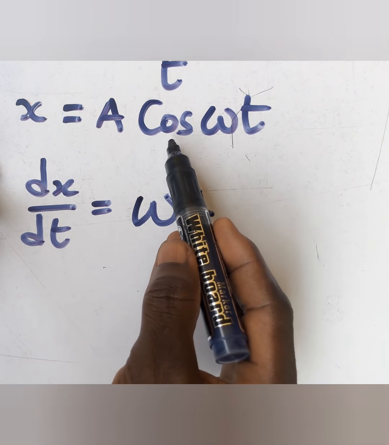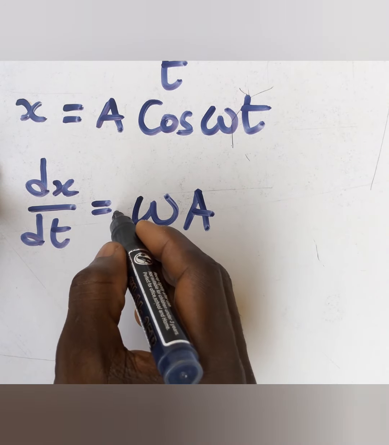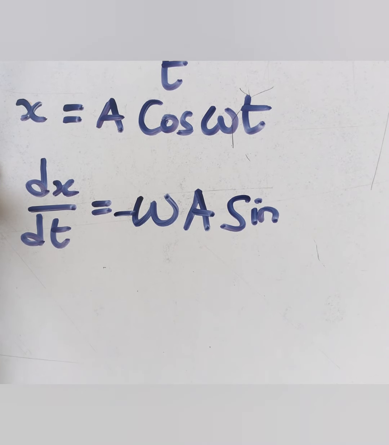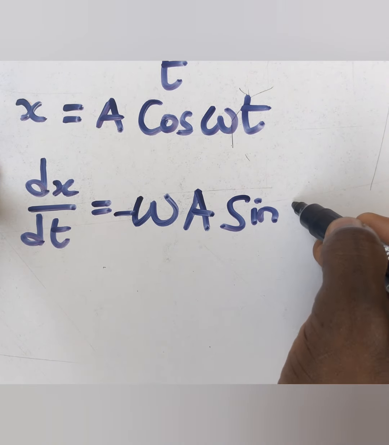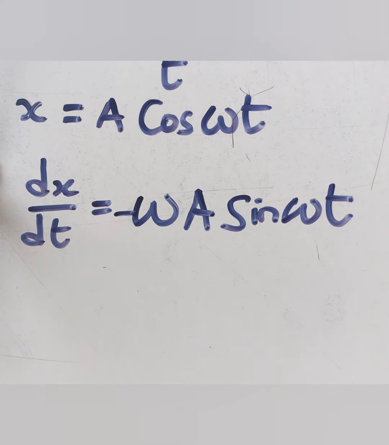By the time I differentiate cos, it will give me a minus sign, so I'll put a minus sign. Then I will put omega t in front.